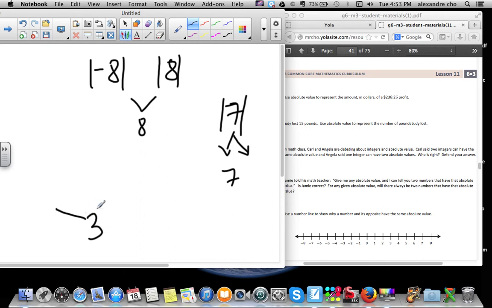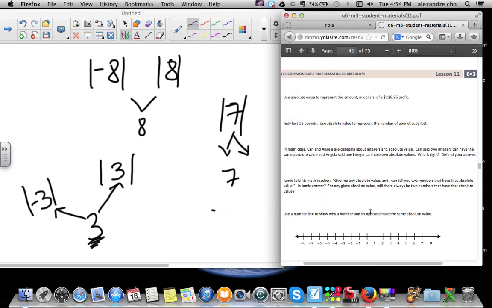What are the 2 numbers that you can take the absolute value of to give you 3? One would be -3, because -3 is 3 steps away from 0. And the other one would be +3, because +3 is 3 steps away from 0. So, I think it's right. If you give him any absolute value, he can come up with 2 values that have that absolute value. Very nice, Jamie.